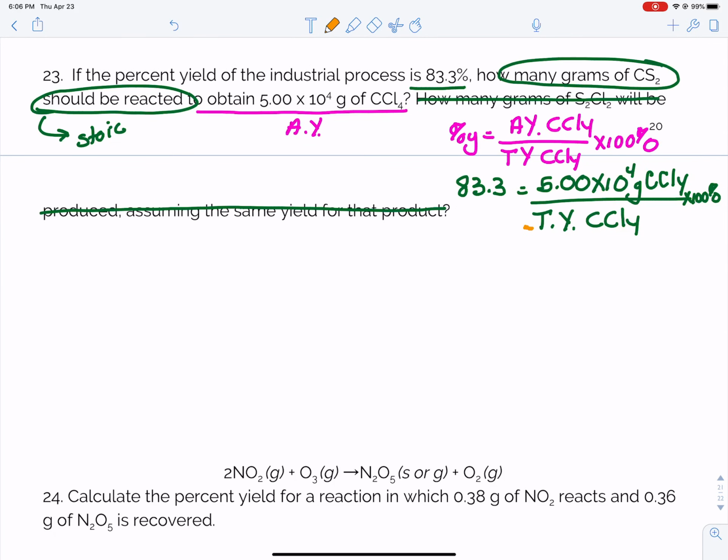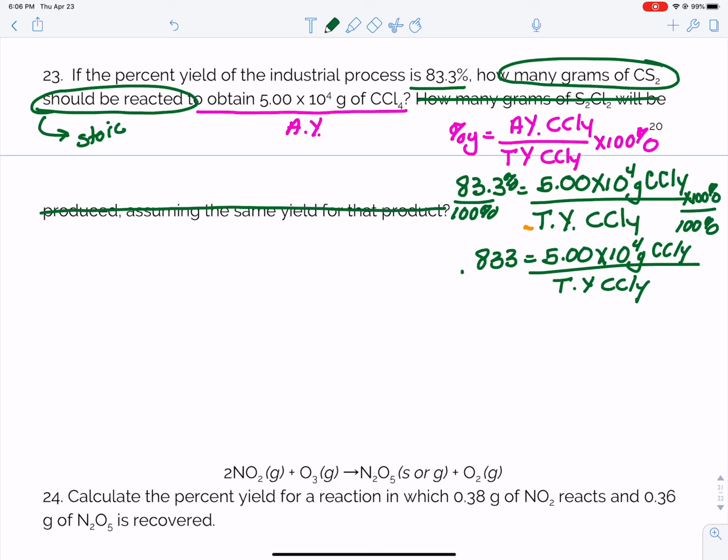Mathematically, whenever we're using a percentage, we need to convert it into a decimal. That's like dividing by 100%. You don't need to write this step out, because generally you don't. You just do 0.833 equals 5.00 times 10 to the positive 4 grams of CCl4 over my theoretical yield of CCl4.